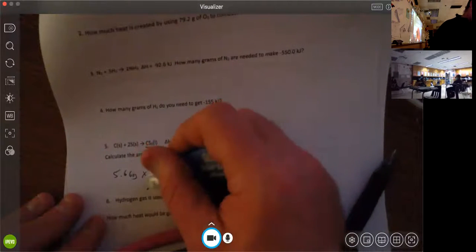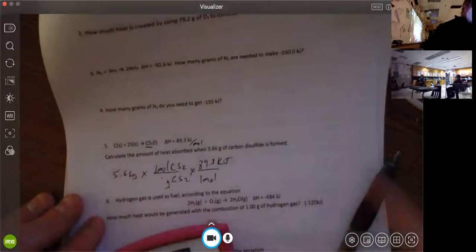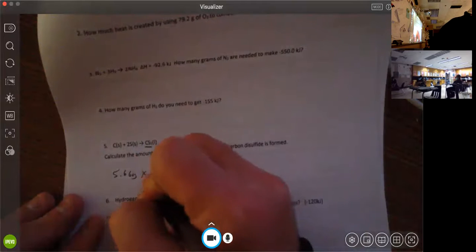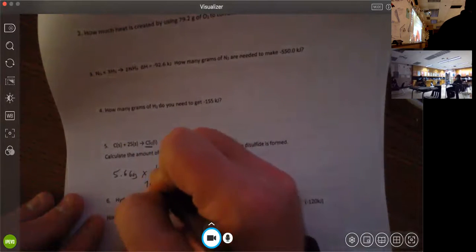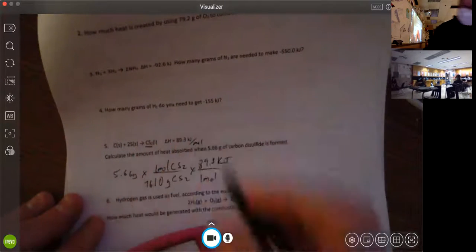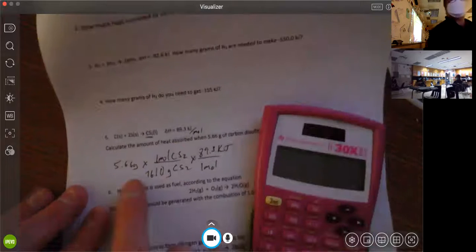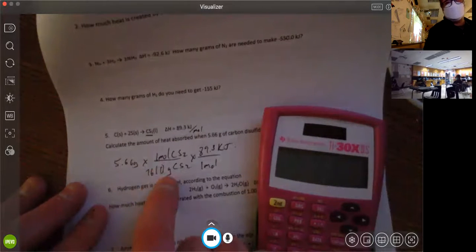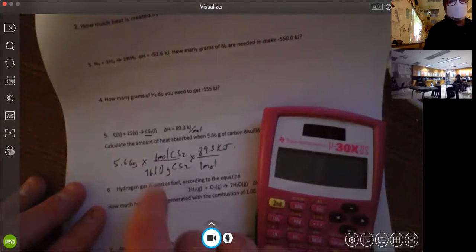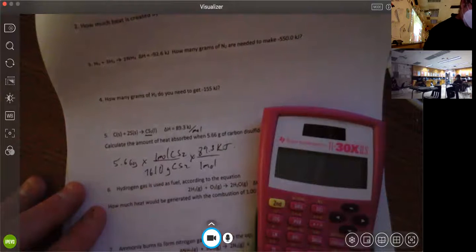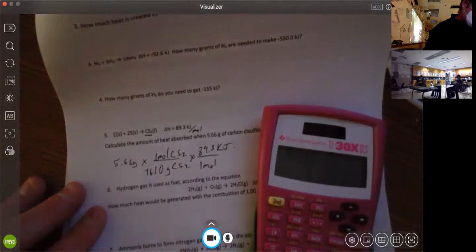One more time. Molar mass has been given to me again, and it's different, 76.10. Obviously you should be able to find the molar mass. So I'm going with this new one, but if you've got something different, use it. Divided by 76.1, times 89.3.